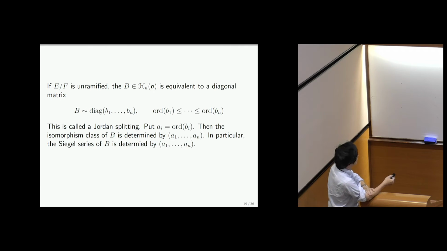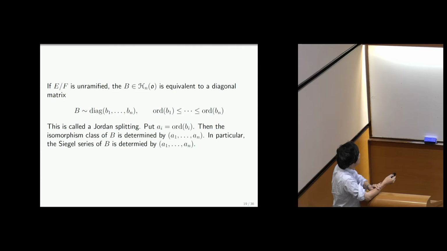Okay. If E over F is unramified, then the theory is quite easy. Any semi-integral Hermitian matrix B is equivalent to a diagonal form, where the orders are non-decreasing.